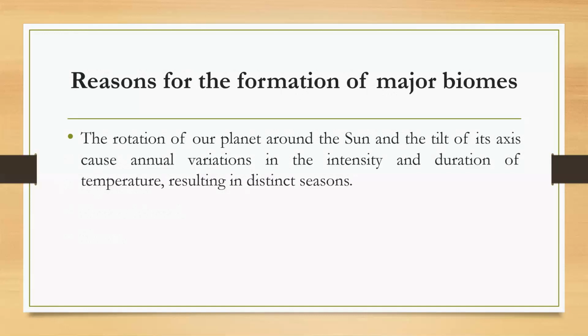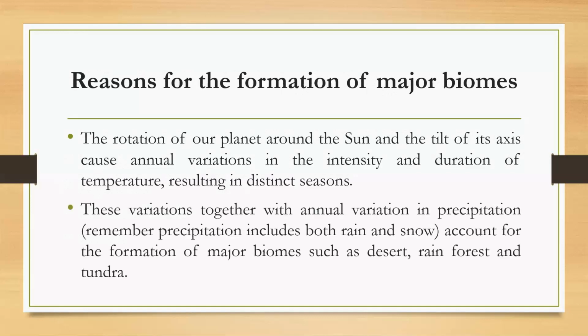Annual variation means variation in the seasons, variation in the intensity of light, variation in the temperature. So these variations in the intensity and the duration of temperature especially result in the development of distinct seasons. So this is one reason for the development of biomes.